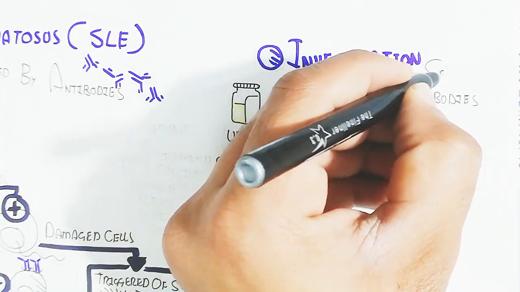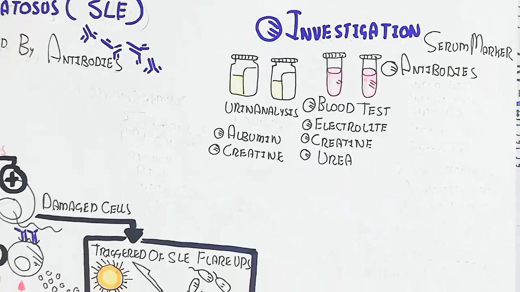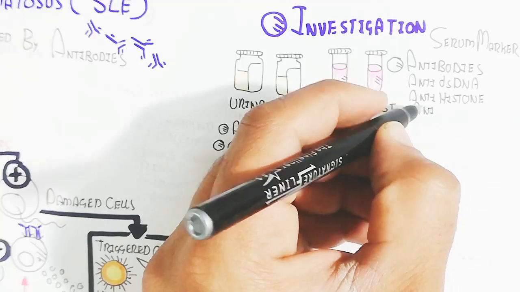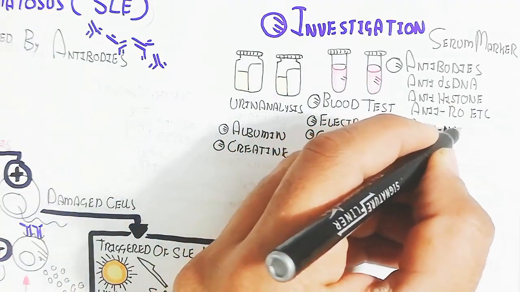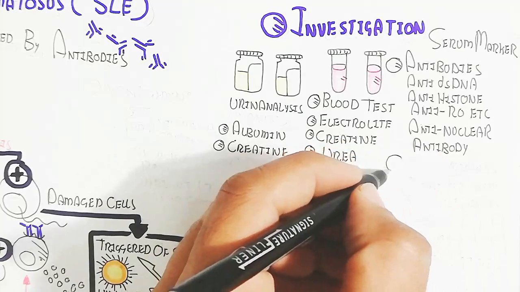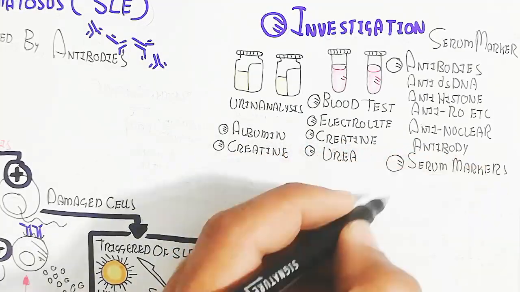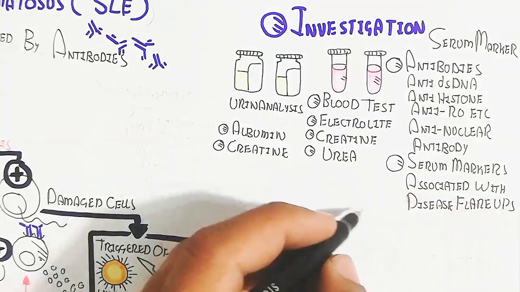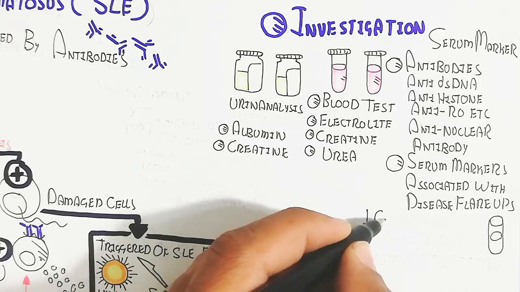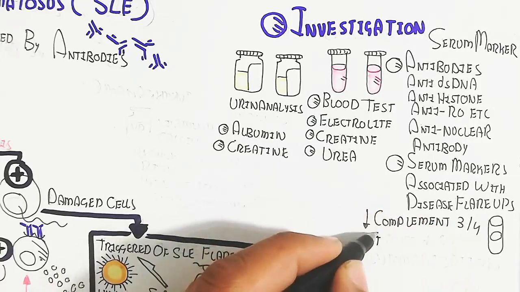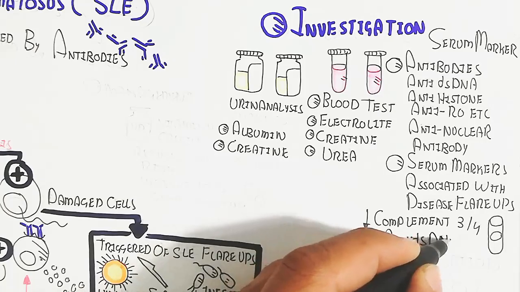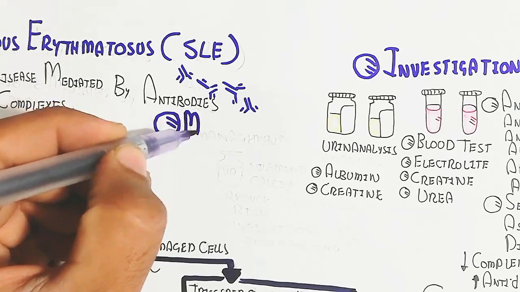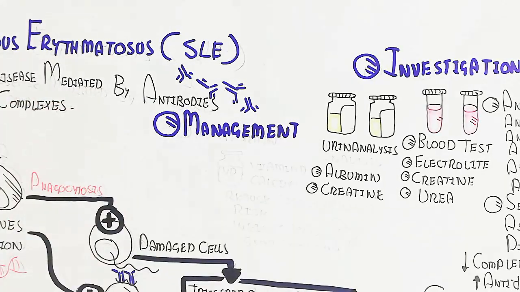And on the other hand, antibody identification, the serum markers: antibodies such as double-stranded DNA, antihistone, anti-Ro, etc., as well as antinuclear antibodies. We can identify and indicate whether SLE is present or absent, and serum markers associated with disease flare-ups: complement 3 and 4 decrease, and anti-double-stranded DNA increases.